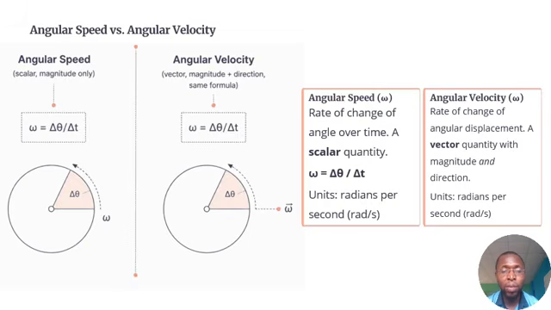The triangle you see beside the theta represents change in angle over change in time. They have the same unit as well. The unit for angular speed and angular velocity is radian per second. By symbol, it is pronounced rad per second. As you can see here, they are both rad per second.